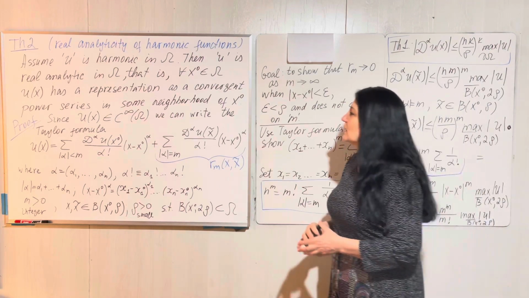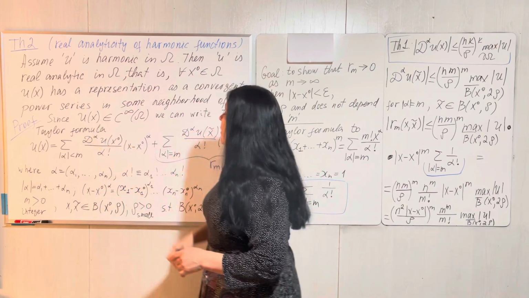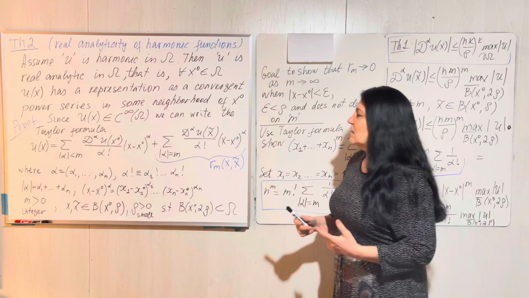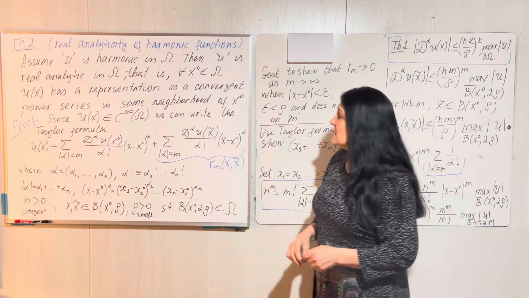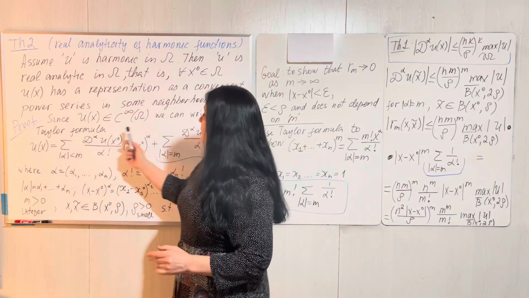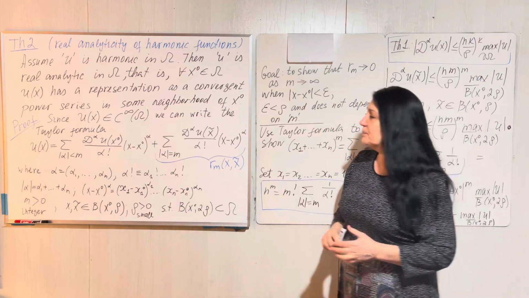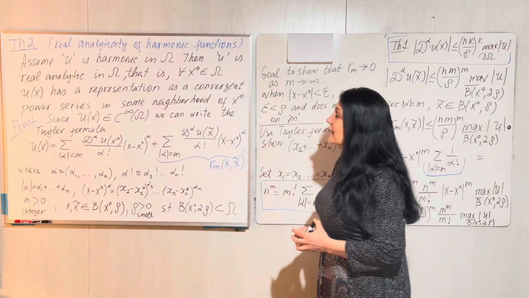Okay, so let's start the proof. So we know that harmonic functions can be differentiated as many times as we wish. So if we want to write down Taylor formula, we will be able to compute derivatives, and we will be able to compute coefficients.